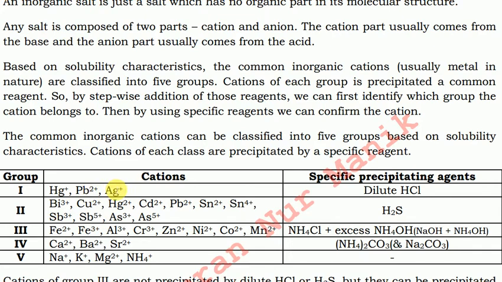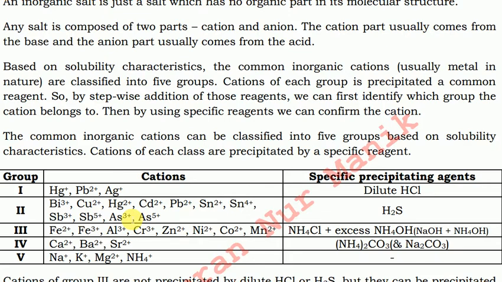If we add hydrochloric acid and the sample solution does not give any precipitate, then we have to pass hydrogen sulfide gas into that solution already treated with hydrochloric acid. If treating with hydrogen sulfide gas produces a precipitate, then we can say that it might contain group 2 cations, and these are the group 2 cations.